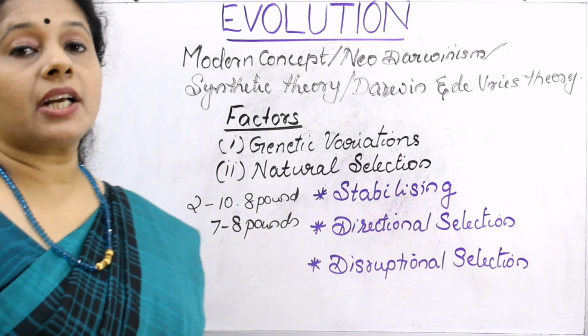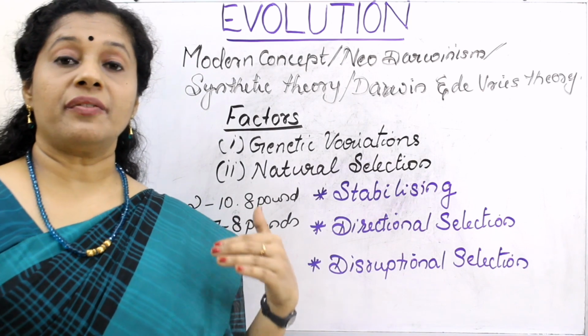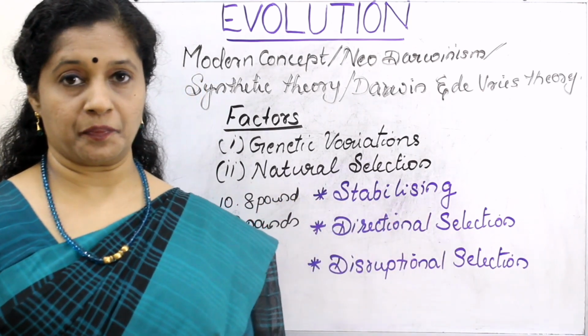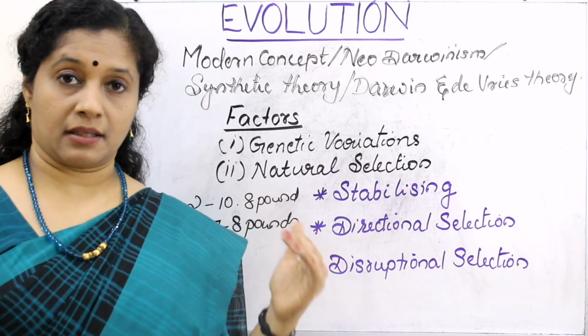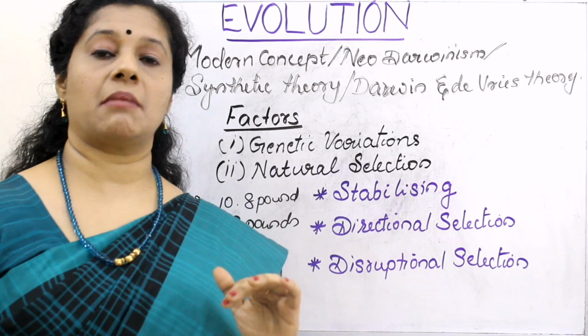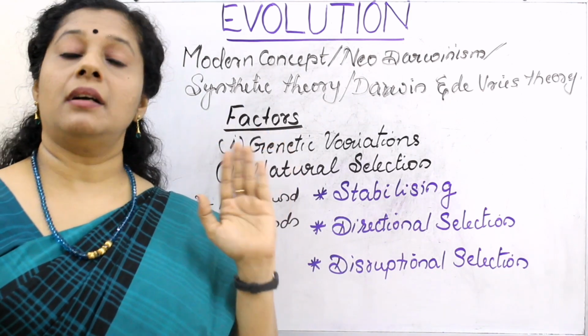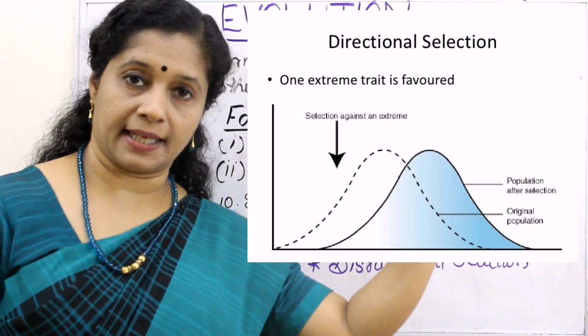Second is directional selection. In this case, one of the extreme phenotypes is selected along with the mean value. Taking the example of height itself, suppose along with the mean value people, tall people are also selected, and the graph will shift to one side.